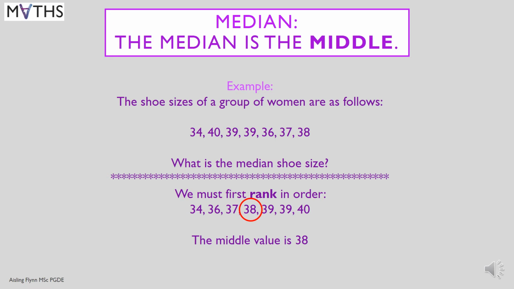Another way to do that, if you had a very long list, would be to start with your pen and start by taking one number from the bottom and one from the top. One from the bottom, one from the top, one from the bottom, one from the top, and then you're left with the middle value. Here the median shoe size is 38.